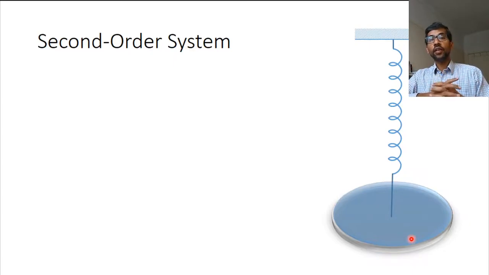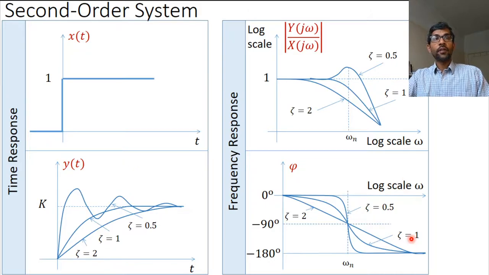Let's take a look at testing of the second order system and what happens when you give some kind of test signals to it. What we do again is very similar to the previous cases. We give an input which is a step input. So we suddenly change the weight on the sensor, and we don't have just one kind of response. Remember, in the first order system, depending on the time constant, we had different responses.